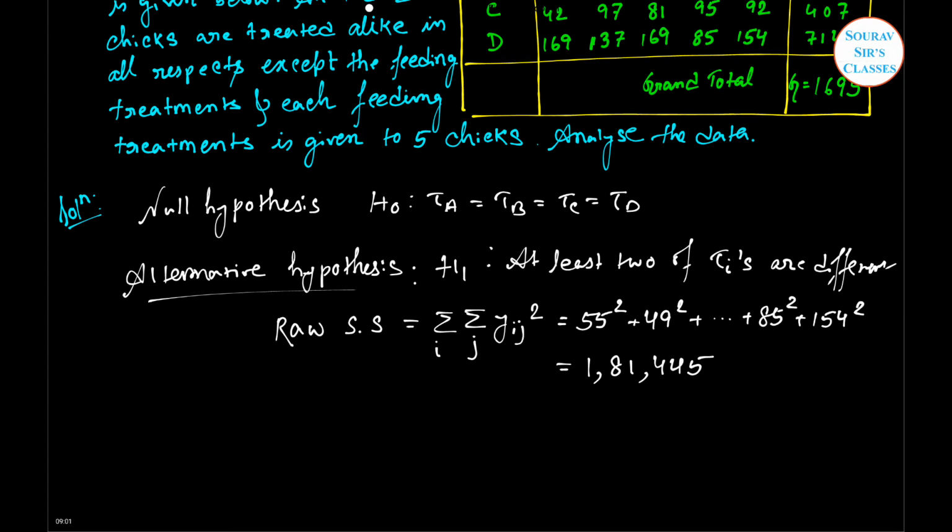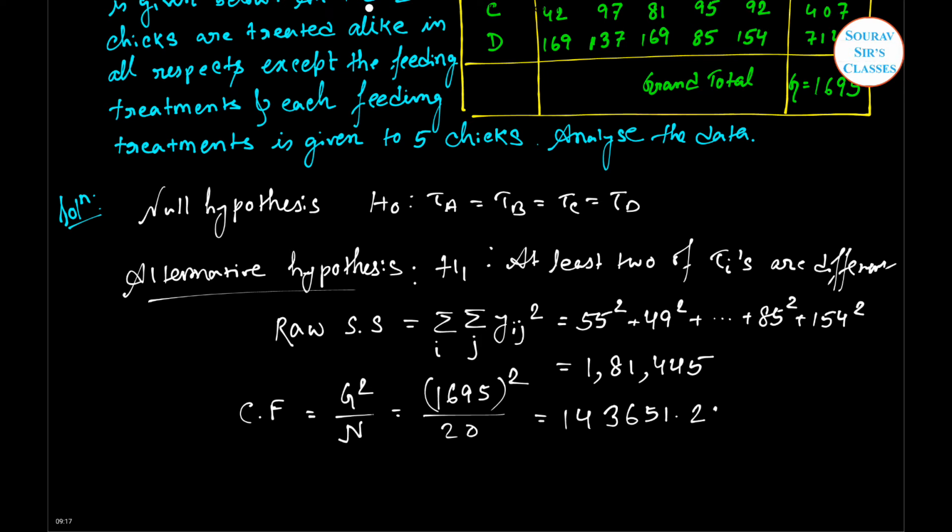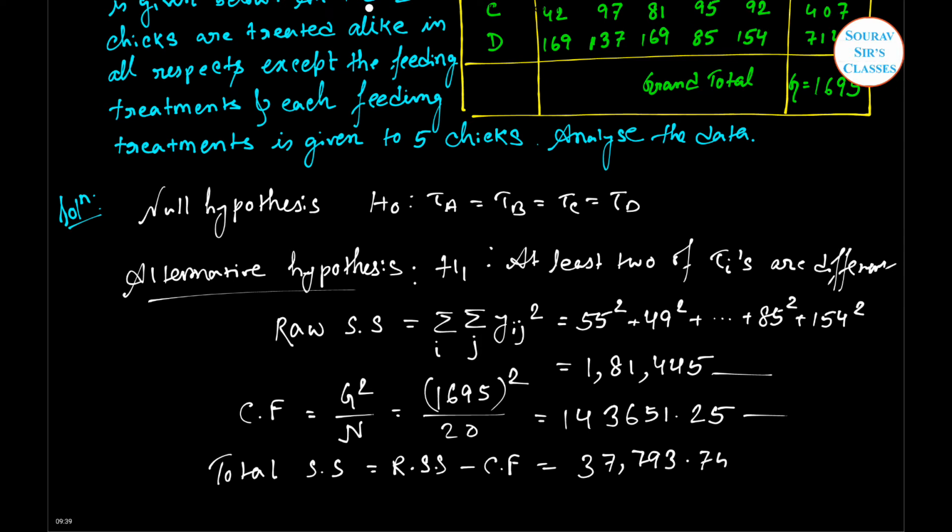Now correction factor CF equals G square by N, that is 1695 whole square by 20, that is 143651.25. So total SS equals RSS minus CF, that is this minus this, that equals 37,793.75.